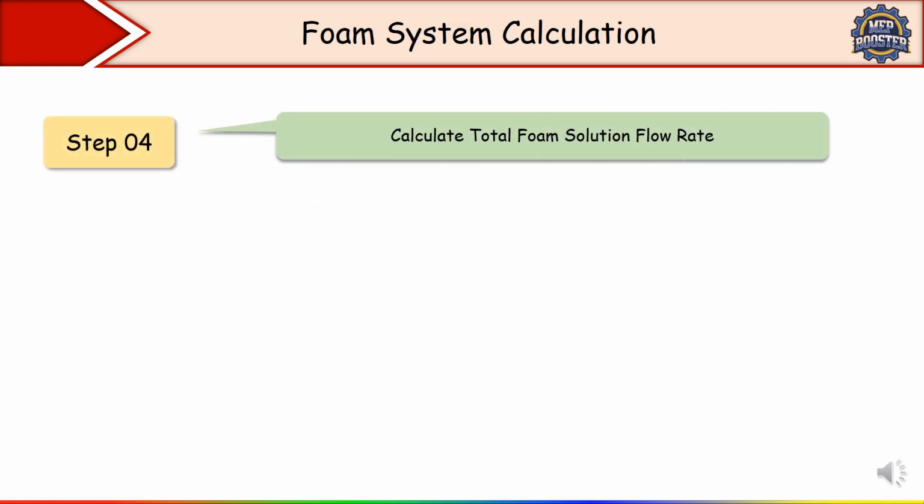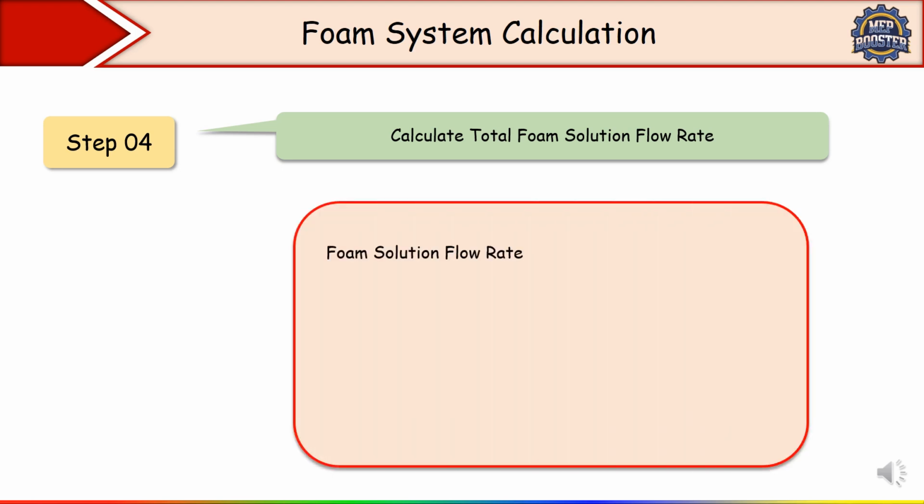Now the fourth step is to calculate the total foam solution flow rate. The foam solution flow rate is calculated using the formula Q equals area times application rate. As I told you in step 1, we first need to collect the basic details. What is the area?